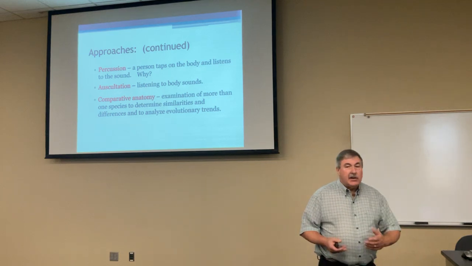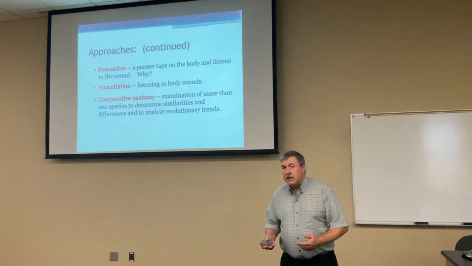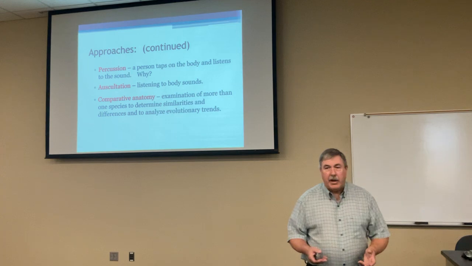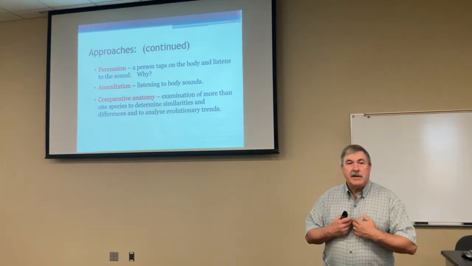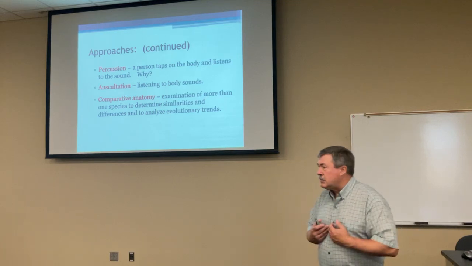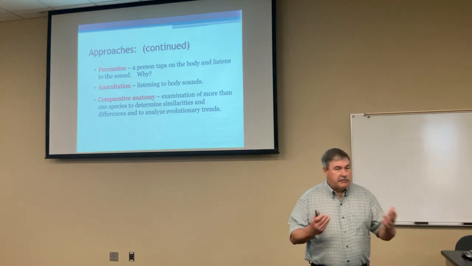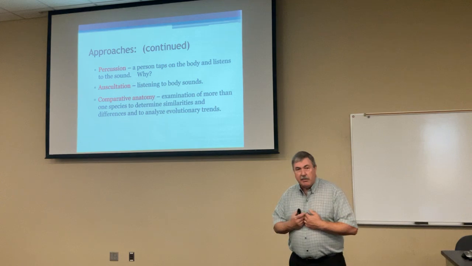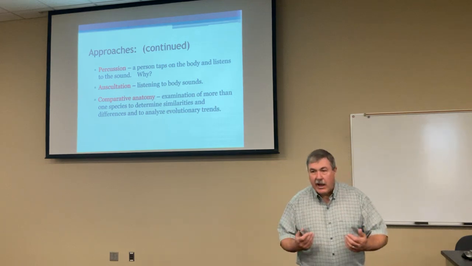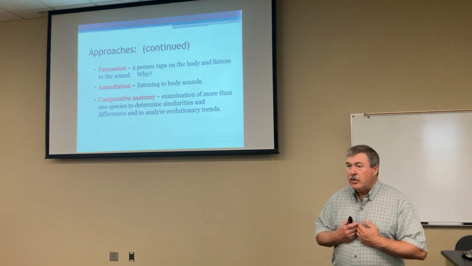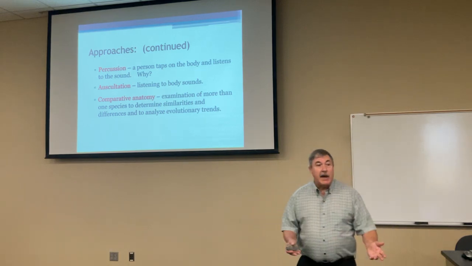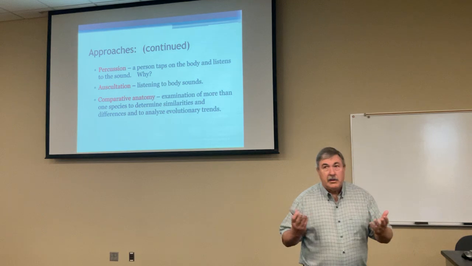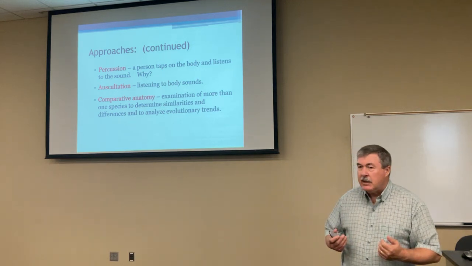Nonetheless, it still can be a useful technique because there are some organs of the body, like the heart, that are very similar in all mammals. The heart of all mammals has 4 chambers, for example, and there's 4 valves in the heart. So for example, we're going to use the comparative approach to a limited extent in this class.